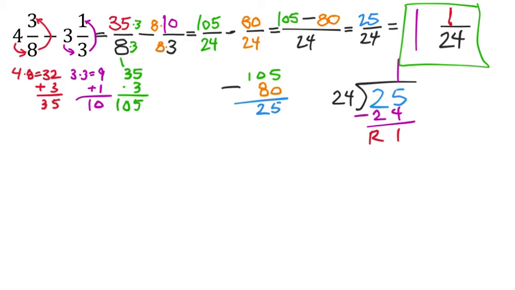Now, something that you should have noticed on this one is that there was no need for simplification at this point, whereas that first problem that we did, there was a need for some simplification at this point. It just varies. Sometimes you'll use this method and you do need to simplify the improper fraction, but like we've seen in this one, sometimes you won't, which is actually one of the reasons why I like this method of forcing the denominators to be the same, because there's always a possibility that you may not need to simplify in the end.